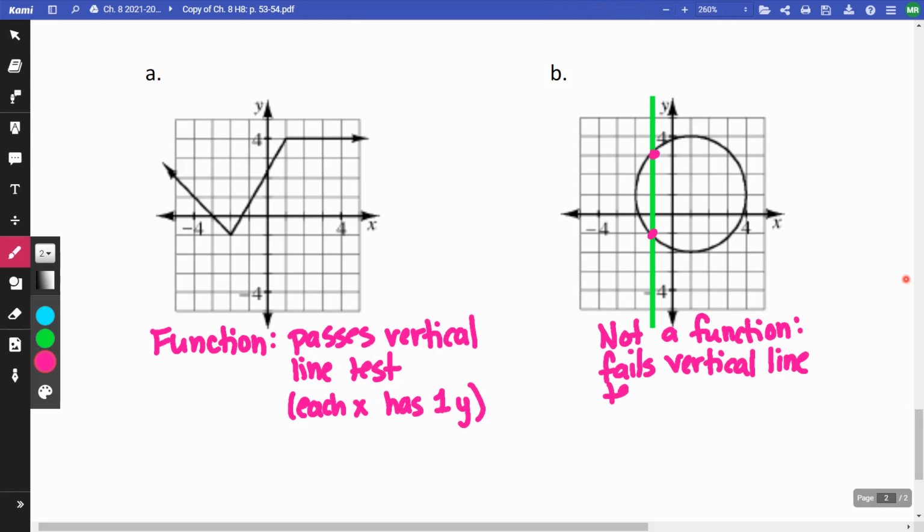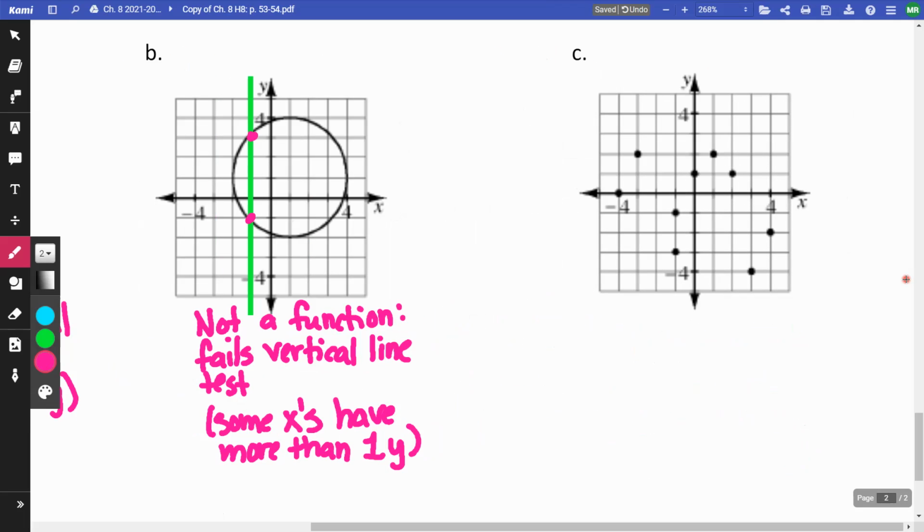Because it touches at more than one spot. Some x's, and really there's an infinite amount, have more than one y. Okay. So that makes it not be a function.